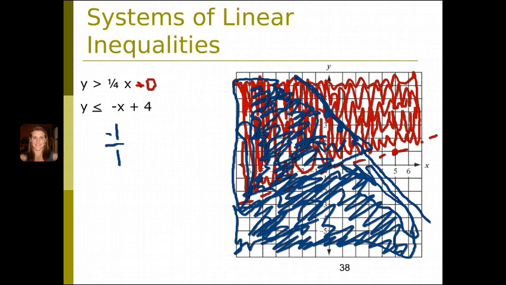For example, any of the points that I put in black would be solutions to this system. These are points, these are points. It would be all the areas where blue and red are. Not in just the blue and not in just the red, but in the blue and the red.